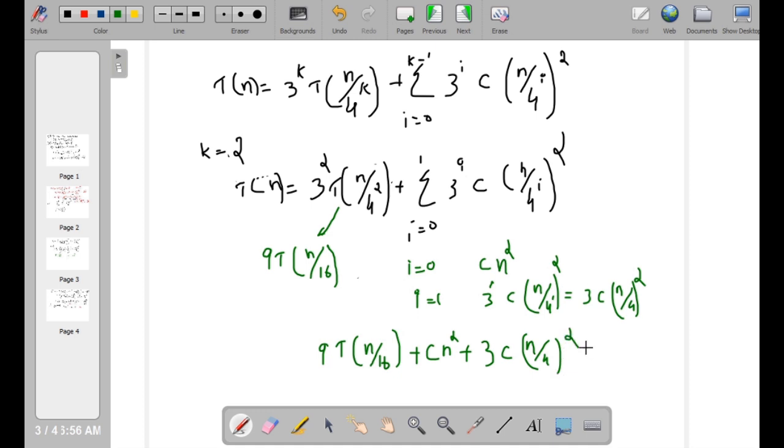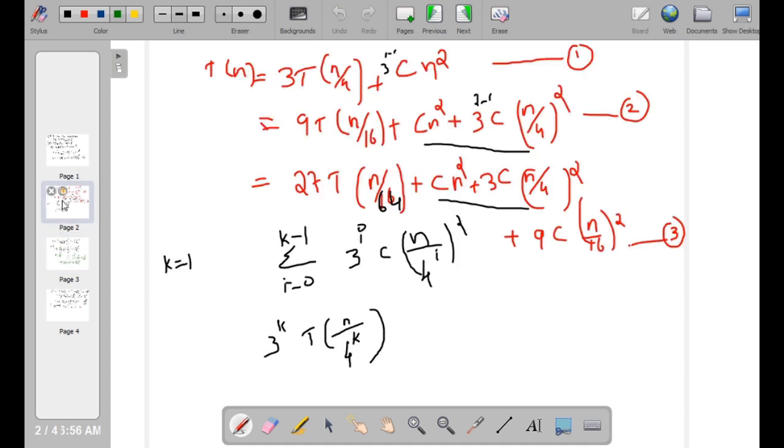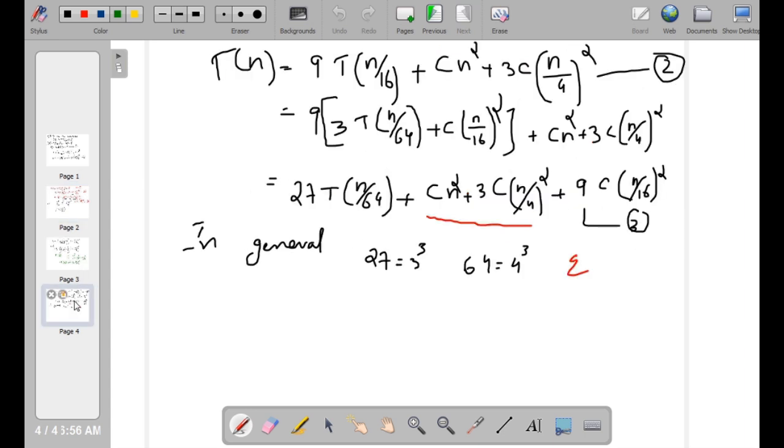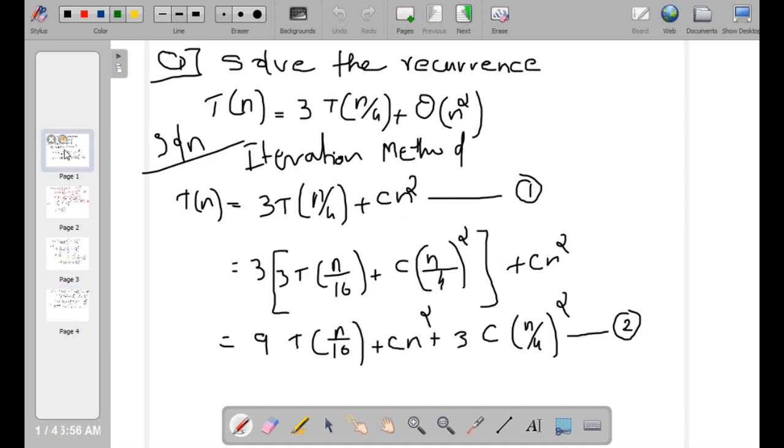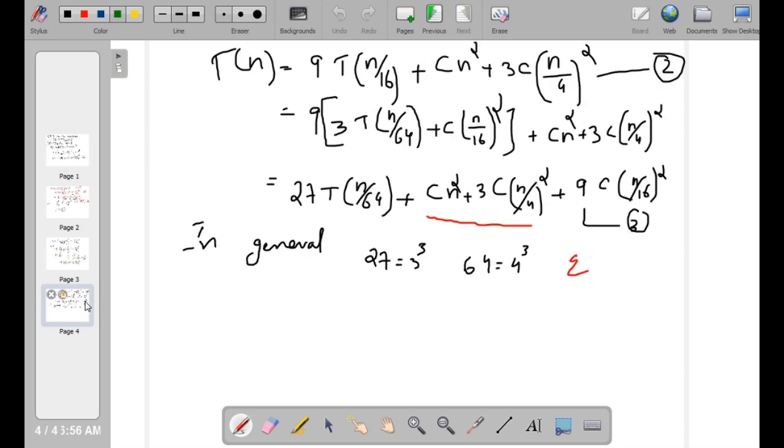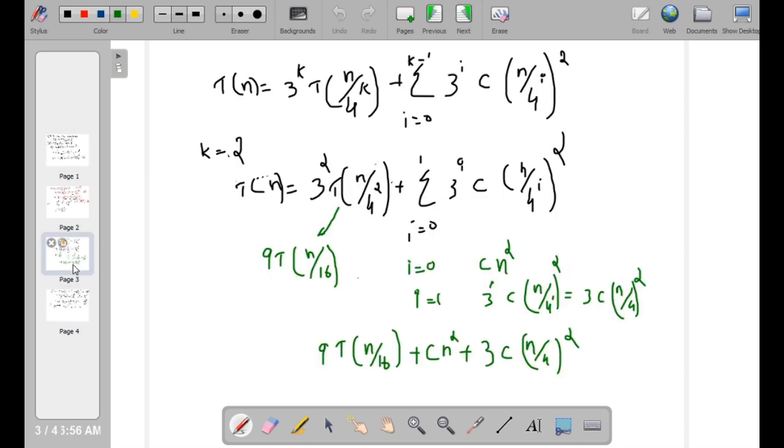Let us check what was our second equation. See, 9t n by 16 plus c n square plus 3c n by 4 whole square. Okay, so the general equation is correct.